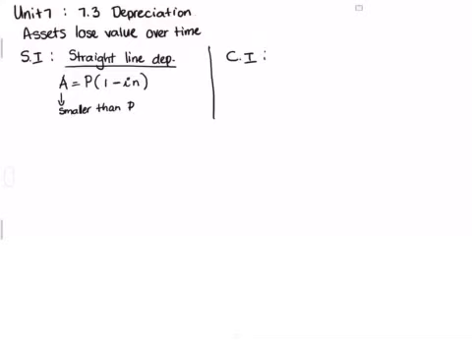The compound interest is called reducing balance depreciation. So once again, we will not tell you use compound interest. We will say this car loses value at a reducing balance depreciation.